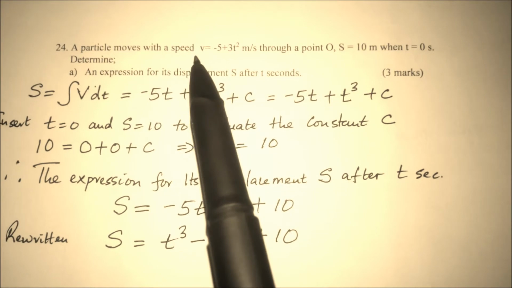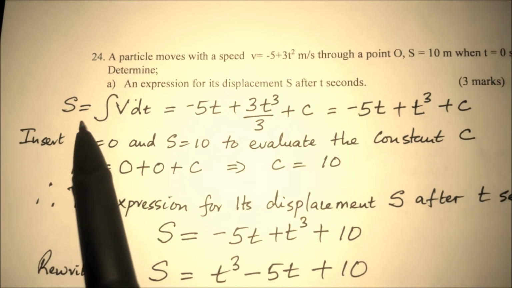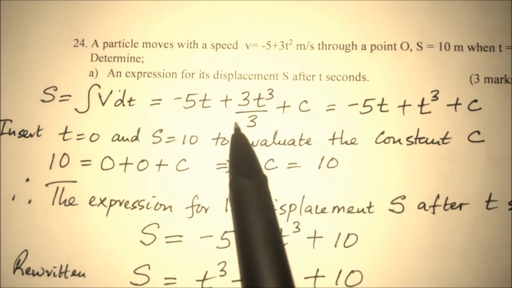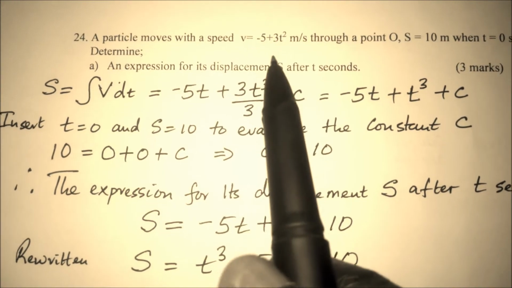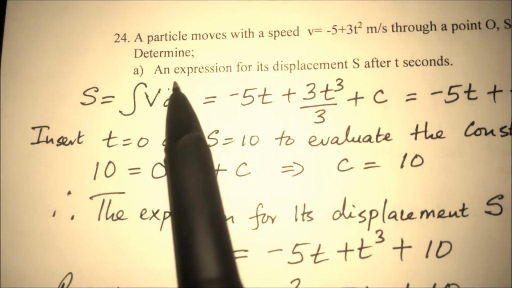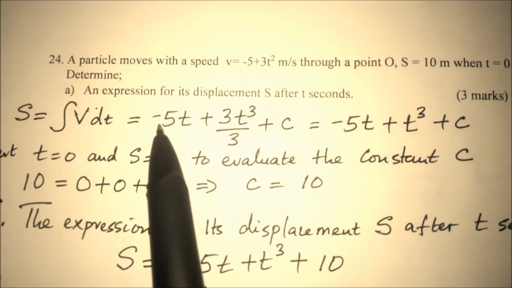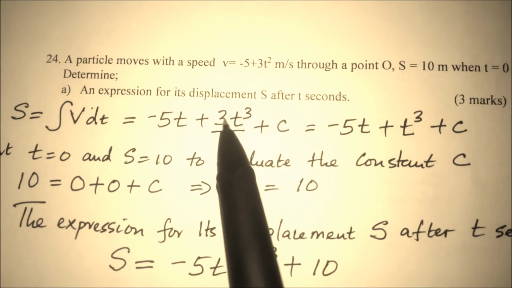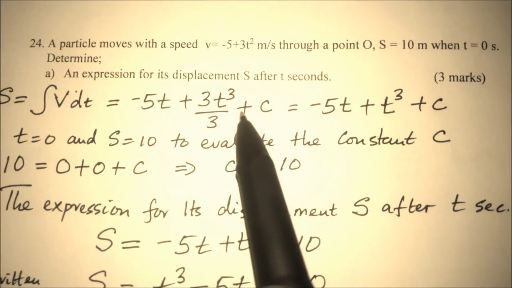Now, if we have been given v, the expression for s will be the integral function of v. In other words, you integrate v with respect to t. So we have s is the integral of v dt, which equals -5t plus 3 over 3 t raised to power 3 plus c.